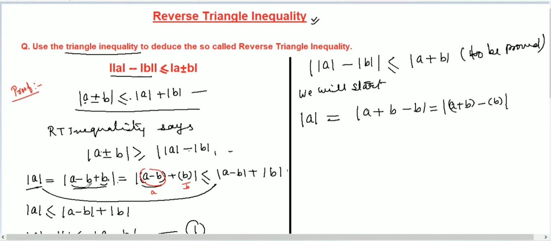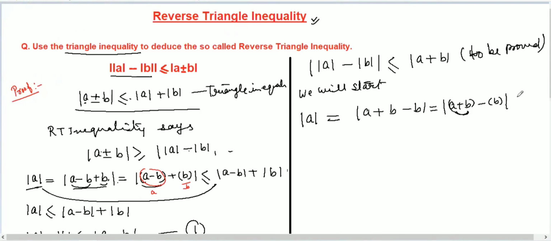Consider the first one A, assume it, and minus B: less than or equal to absolute value of the first one plus absolute value of the second one.